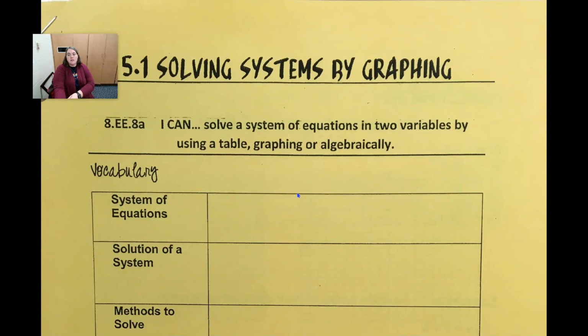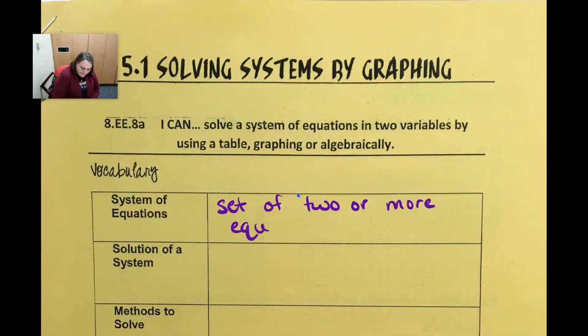We're going to specifically be looking at 2 variable equations, and in what we're going to be doing here, they're all linear equations, but you certainly could have a system with different types of equations. So a system of equations is a set of 2 or more equations.